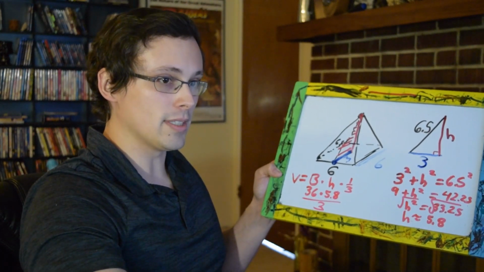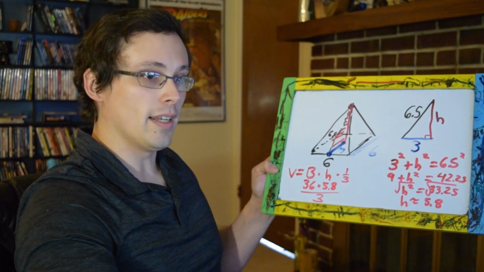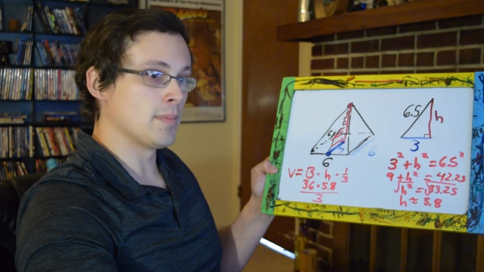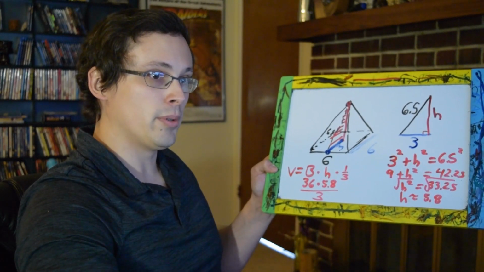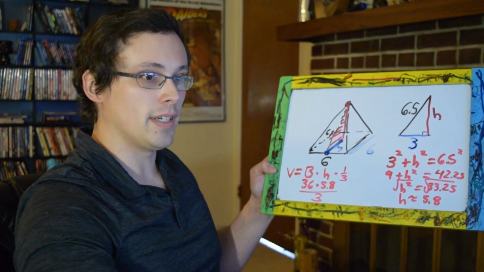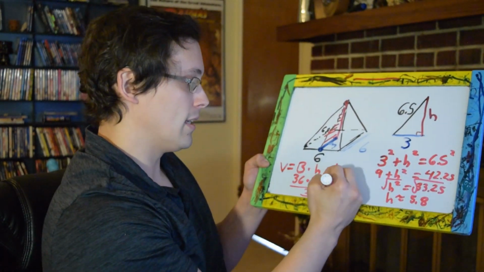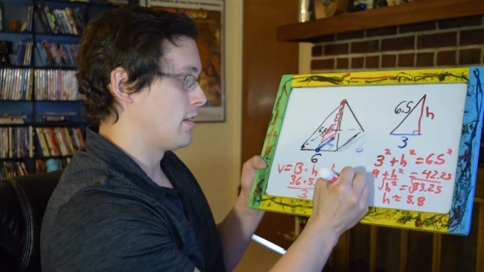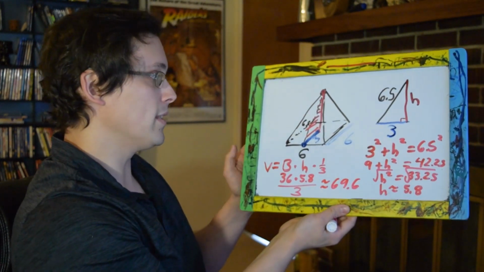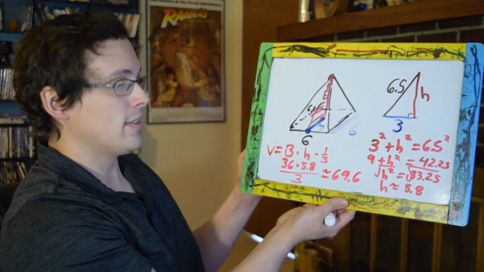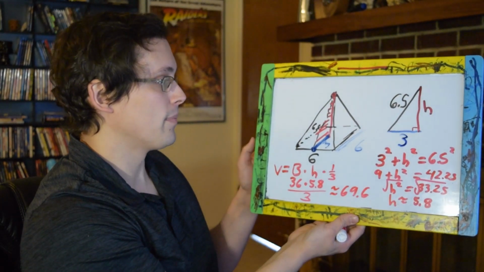Running the calculation on my calculator, 36 times 5.8 is 208.8, and dividing that by 3 we get 69.6. So if you got somewhere around 70, or 69.6, depending on how we rounded differently, then you got it.